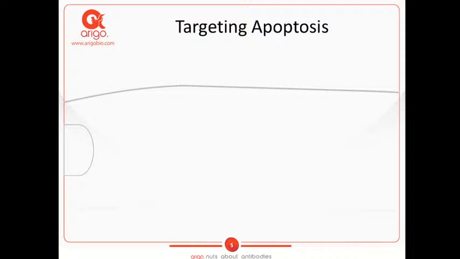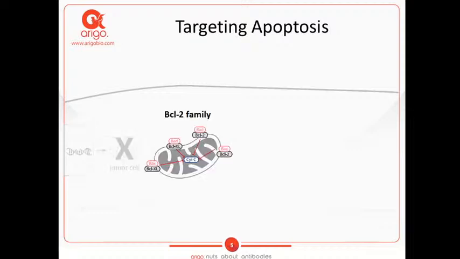So, targeting apoptosis is important for cancer therapy. In tumor cells, apoptosis is inhibited. One reason is the malfunction of BCL2 family members. The BCL2 family is a group of proteins.